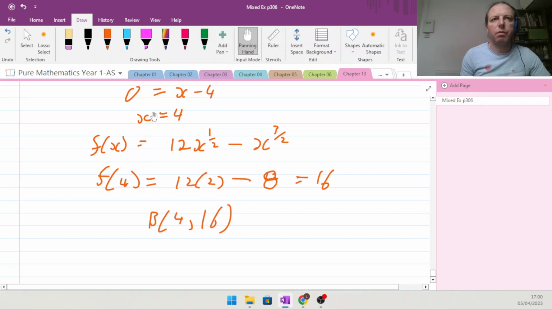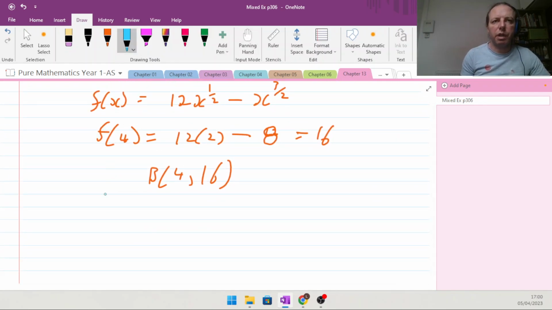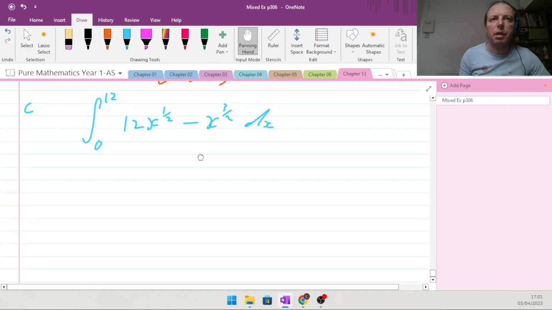We haven't done any integration yet, so let's integrate this part C. Integrate 12x to the minus a half minus x to the 3 over 2 dx, working between 12 and 0, because that's what's marked up on the graph in terms of where it is bound.